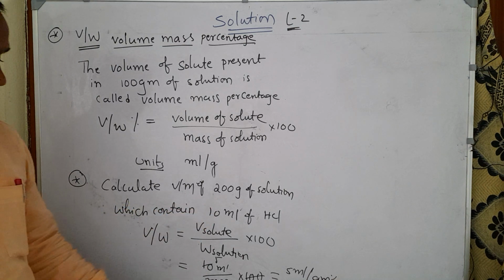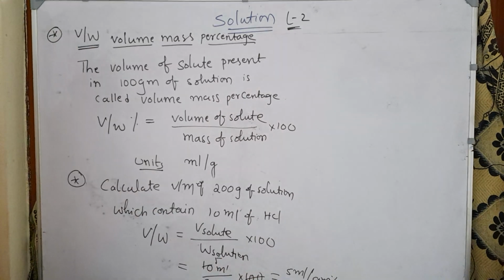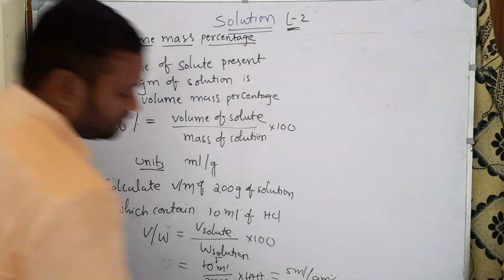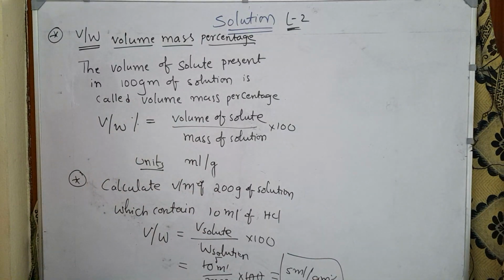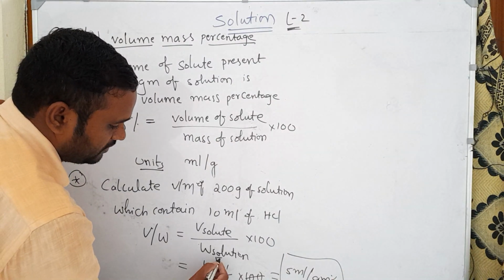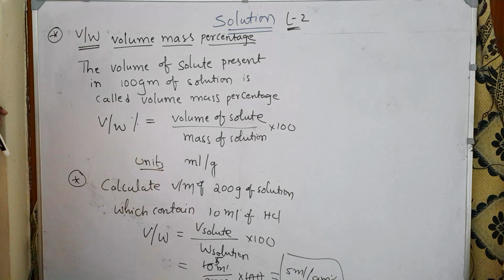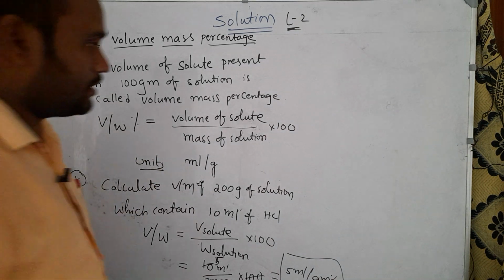When you calculate, the two zeros get cancelled, and we get 5 ml per gram. This is the volume mass percentage.